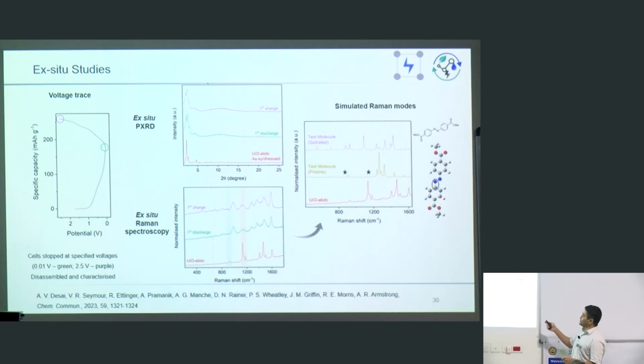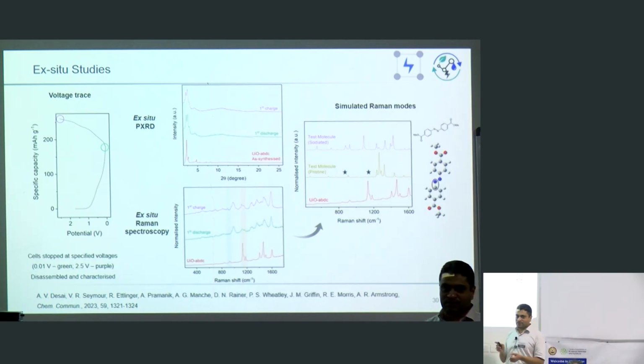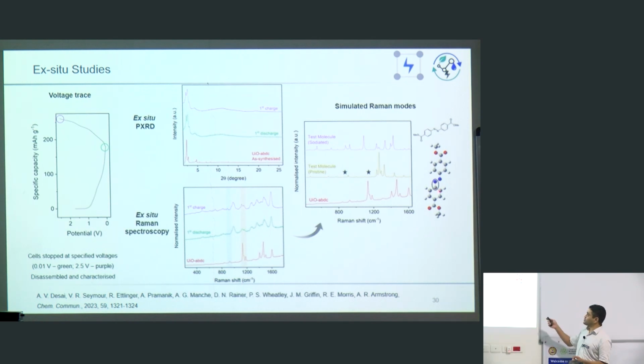In this particular case, this band, which is the CN stretching, appears in the same region as this particular peak. So the idea is that if your azo group is participating in the redox activity, the sodium is going to go and sit next to this azo group, and it's going to block or reduce the intensity of this stretching. The peak associated with this stretching is now going to minimize.